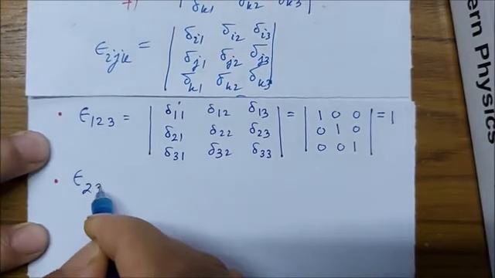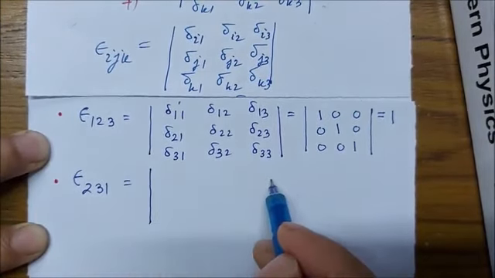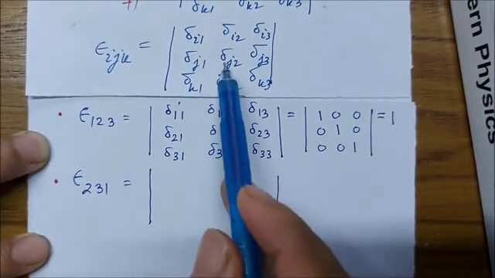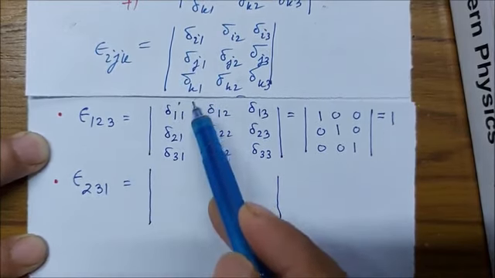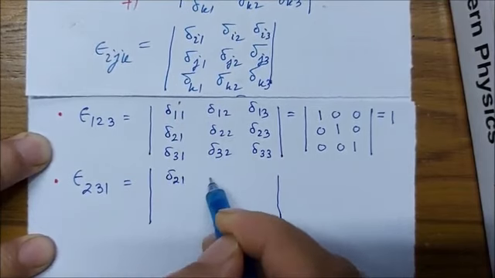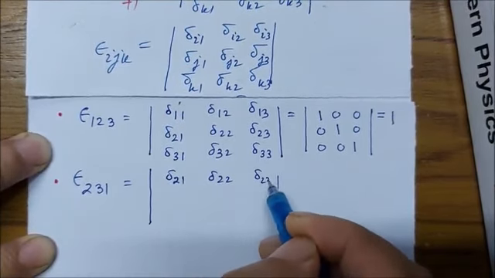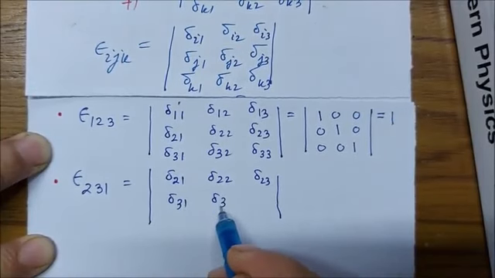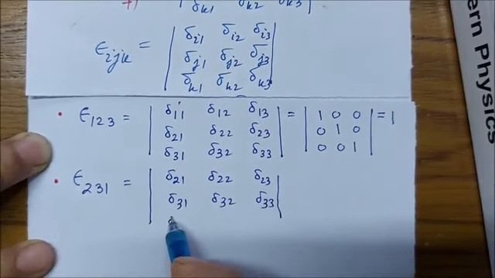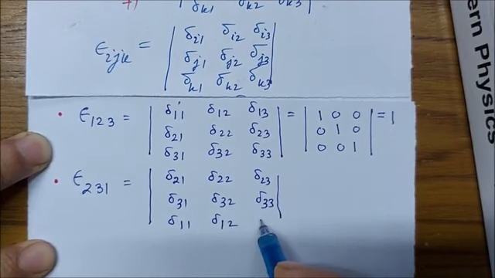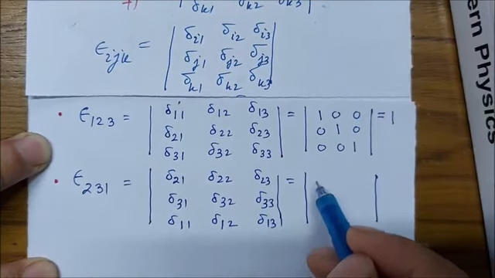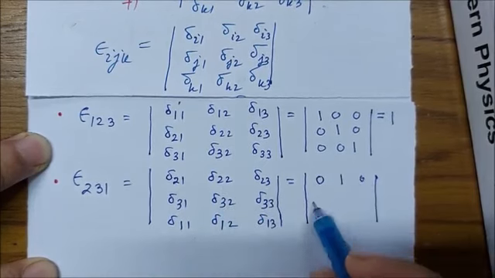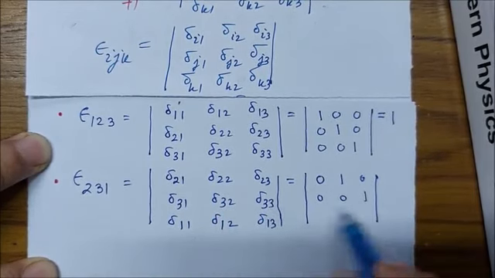Next, epsilon 2, 3, 1. As before, we will now rewrite the determinant putting 2 for I, 3 for J and 1 for K to get, delta 22 is 1, delta 33 is 1 and delta 11 is 1.